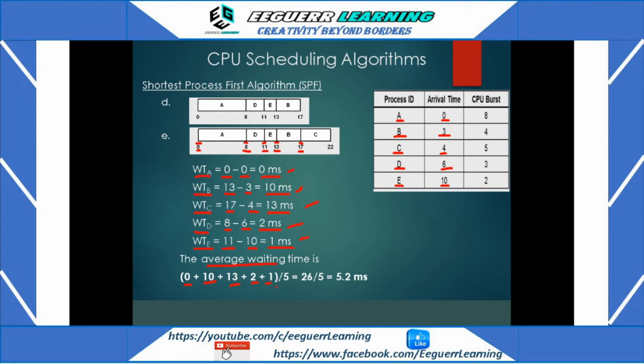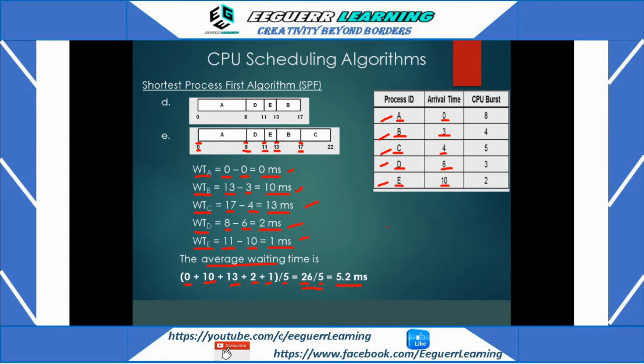Adding those will give us 26, and we divide it by 5, because we have 5 total processes. So 1, 2, 3, 4, 5, 5 processes. So 26 divided by 5 will give us 5.2 milliseconds for the average waiting time.